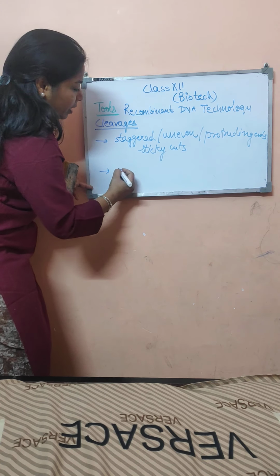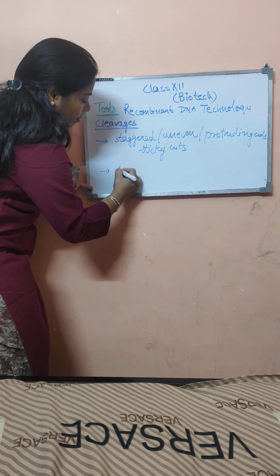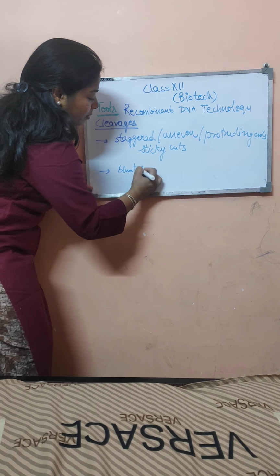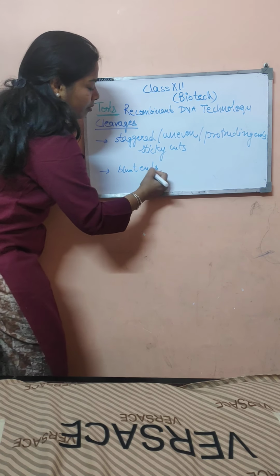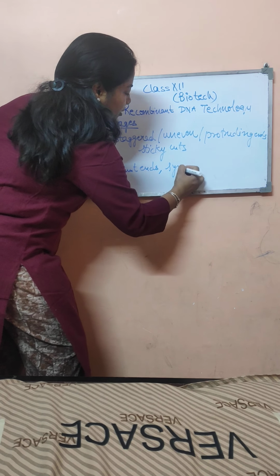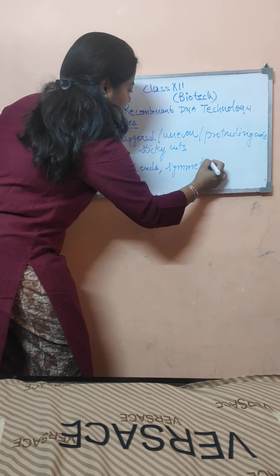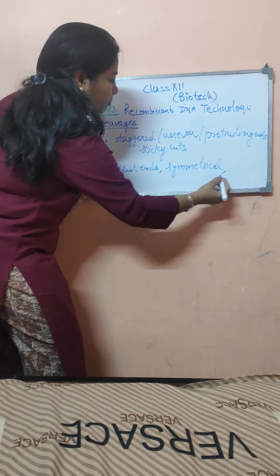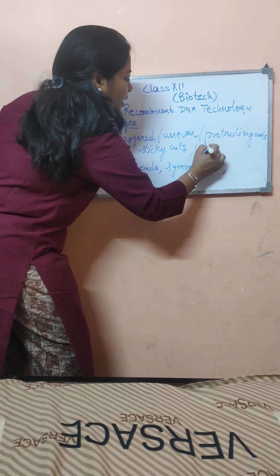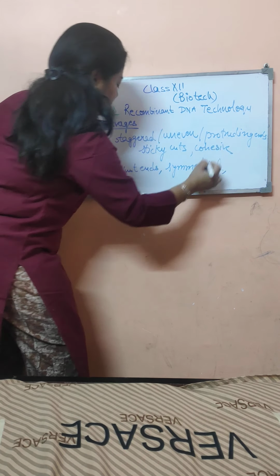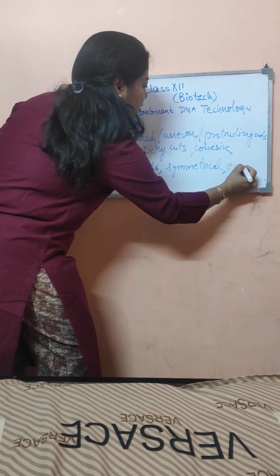The other is known as blunt ends, symmetrical ends, also known as cohesive, meaning sticky, even ends.